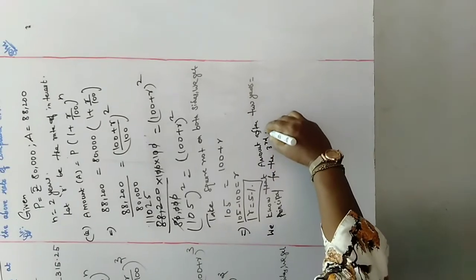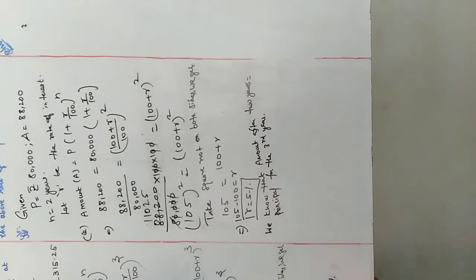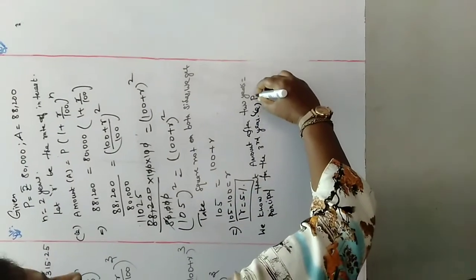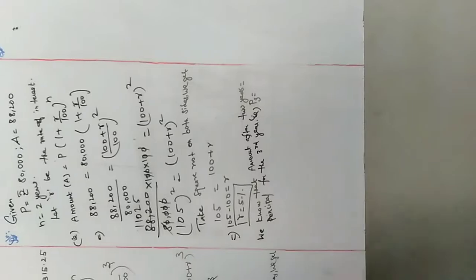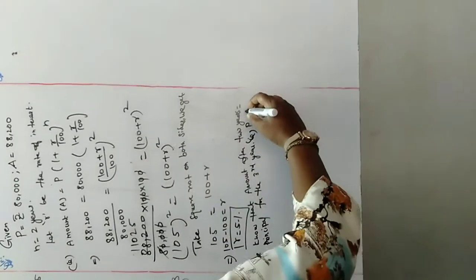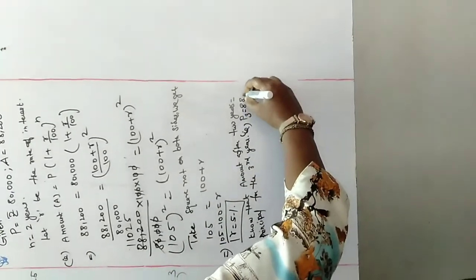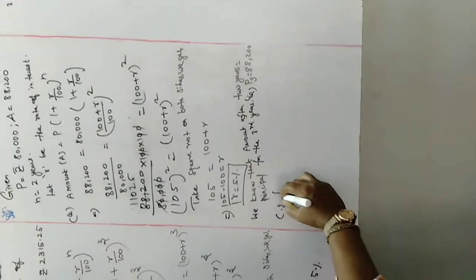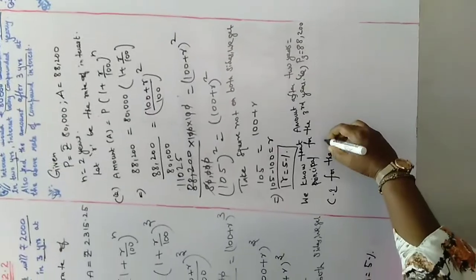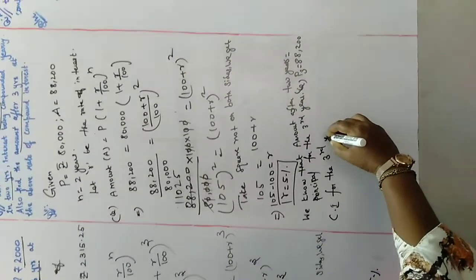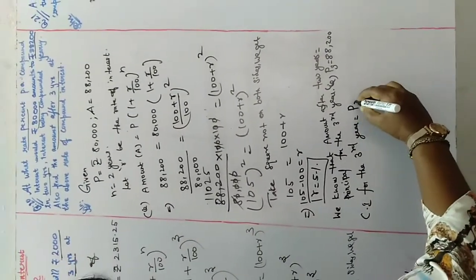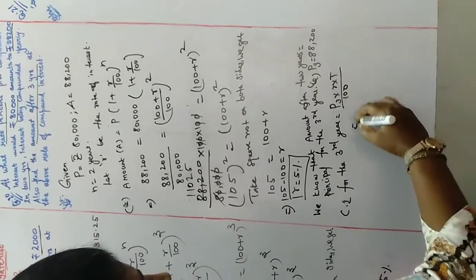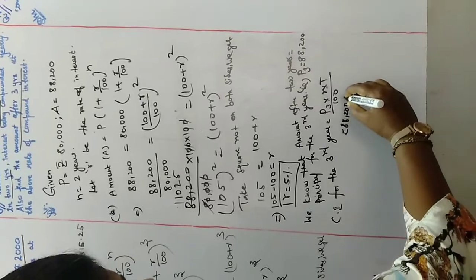I am assuming the third year principal as P3, which is 88,200. We are going to find the compound interest for the third year, which is P3 into R into T by 100, which is equal to 88,200 into R.